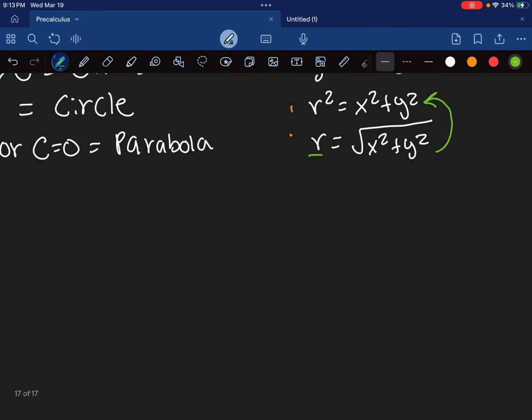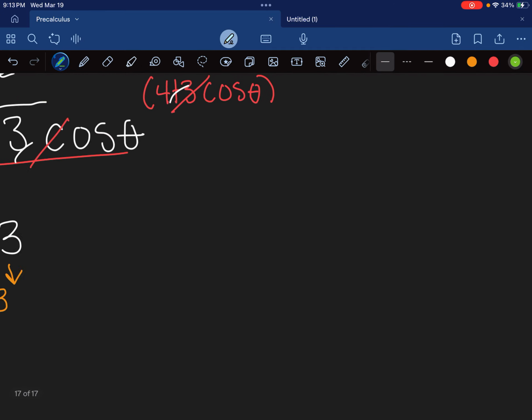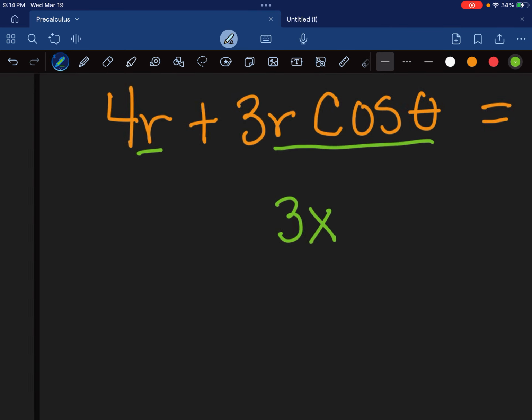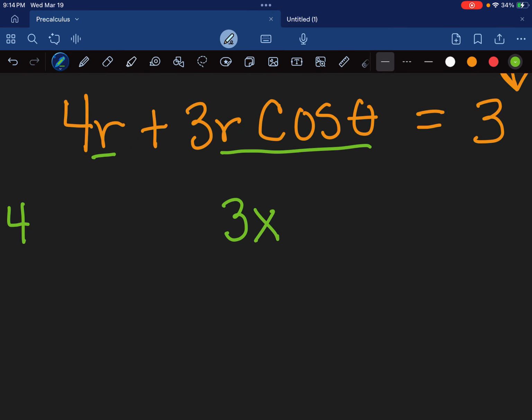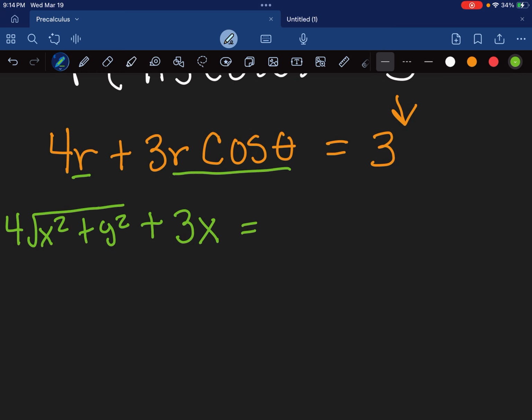So we're going to substitute it for the r. Then this will be 4 square root of x squared plus y squared. And then we're going to add the plus right here, equals 3. We're just going to bring that 3 down again.